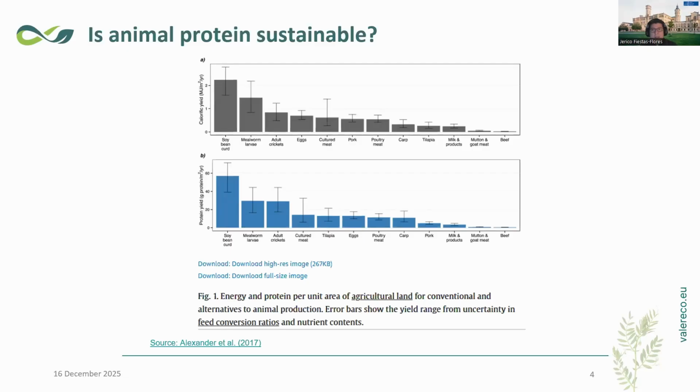And we can see that only 5% of the land use is transformed into caloric yield or protein yield in beef, whereas in soybean, for example, it is almost 50%. So there is also this new shift that is not only resource intensive, but also we know that animal protein is not as efficient as we might have been led to believe over the years.